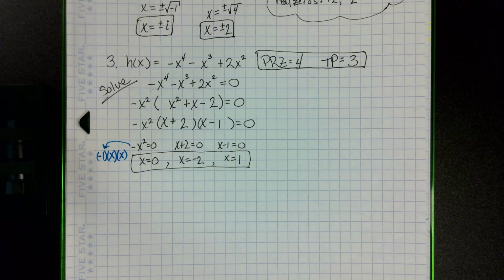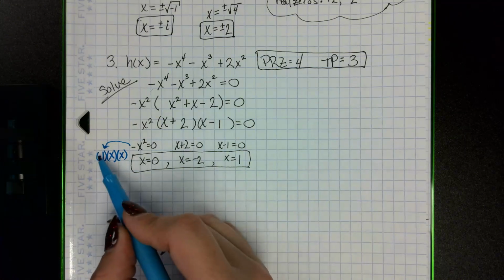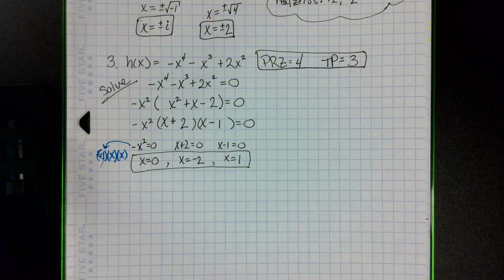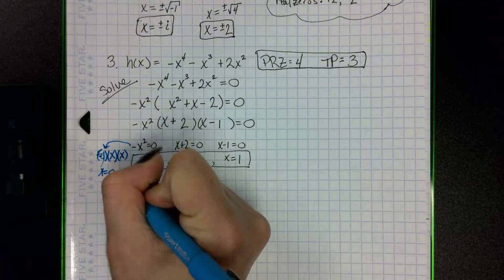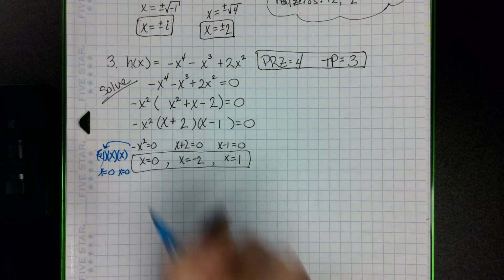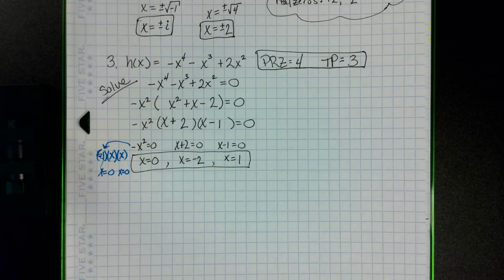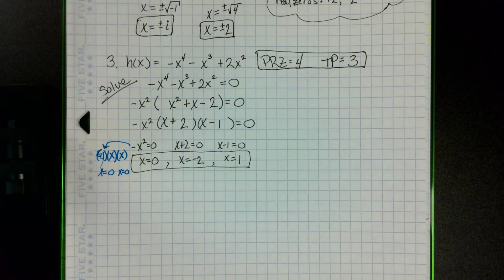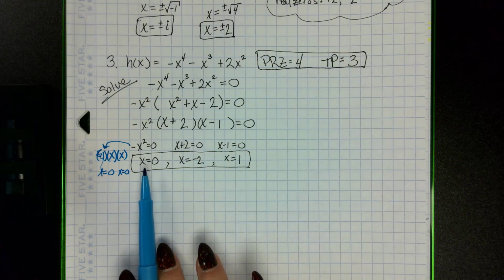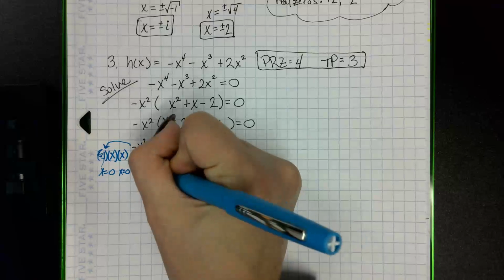And then, so the negative 1 doesn't really tell me anything, right? If I set these factors equal to 0, but then I say x equals 0 and x equals 0. So I end up with 2 solutions. They're both 0, but there's 2 of them. So that tells me that this 0 has a multiplicity of 2.